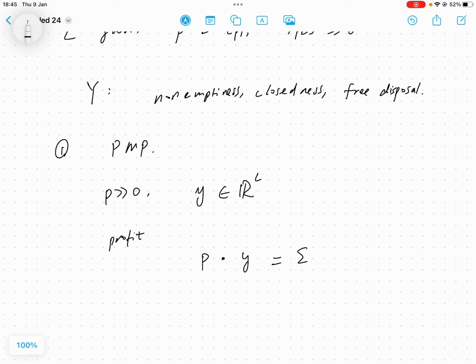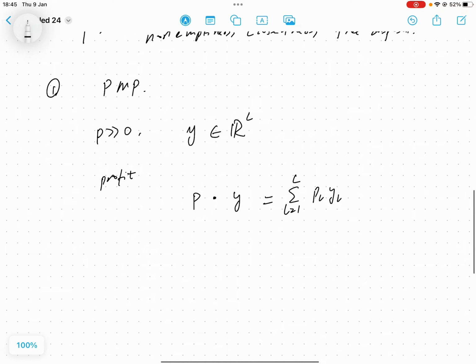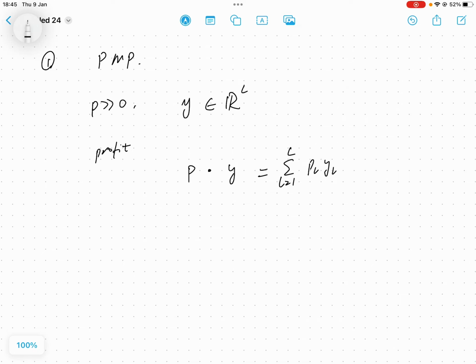And that'll be just a summation for all those dimensions. Intuitively, that is the total revenue. So be careful that this is already the profit, okay? This is not revenue. The reason is that this is already including the positive revenue and the minus cost.